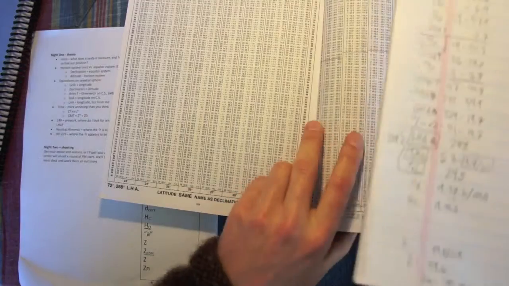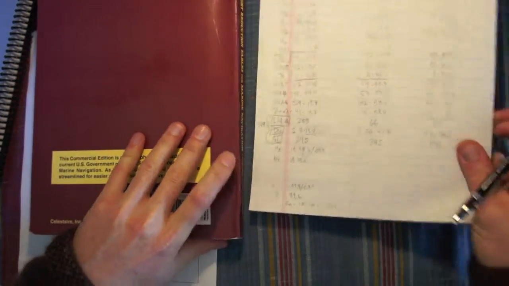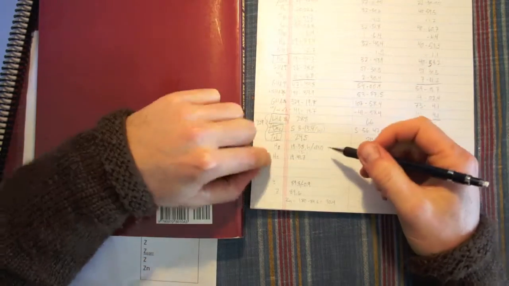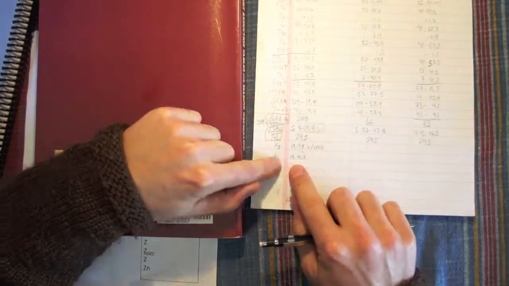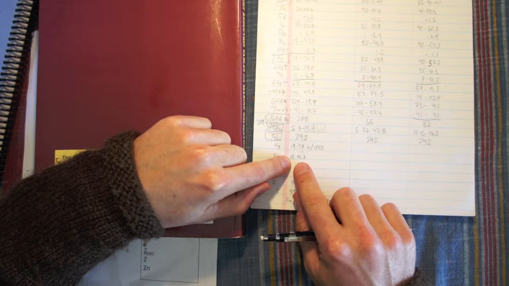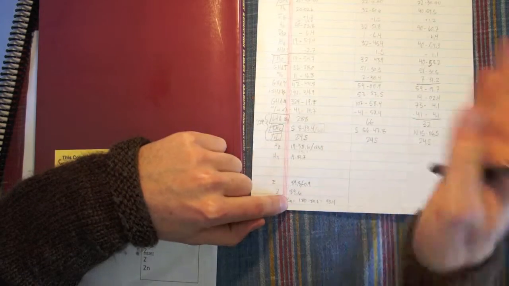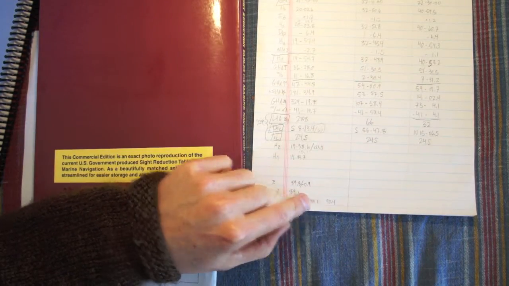Now, what this tells us right here, out of 229 for this one shot, is if I am where I think I am, then Rigel should be at exactly 19 degrees, 43.7 minutes in altitude, and the direction I'm looking at it is 90.4.